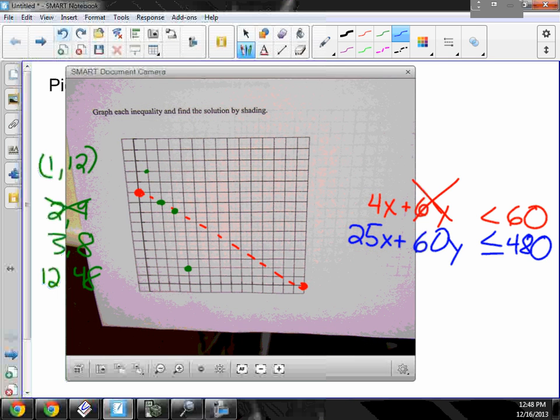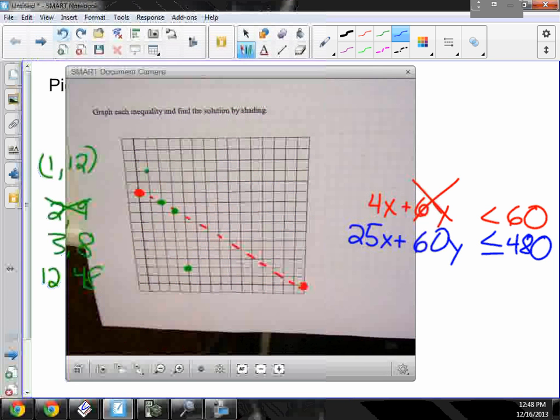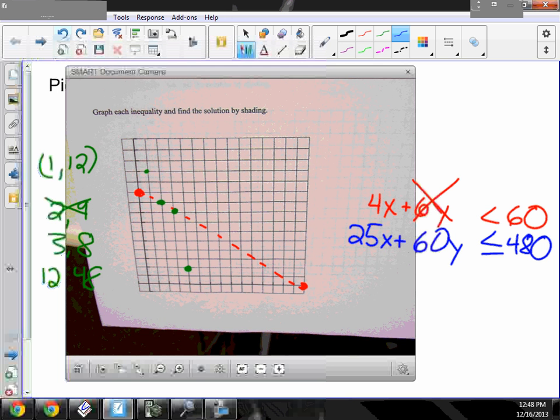So now let's graph the blue equation. If I cover the x, y equals 48 divided by 6 is 8. So we'll go up on the y-axis to 8. Okay?